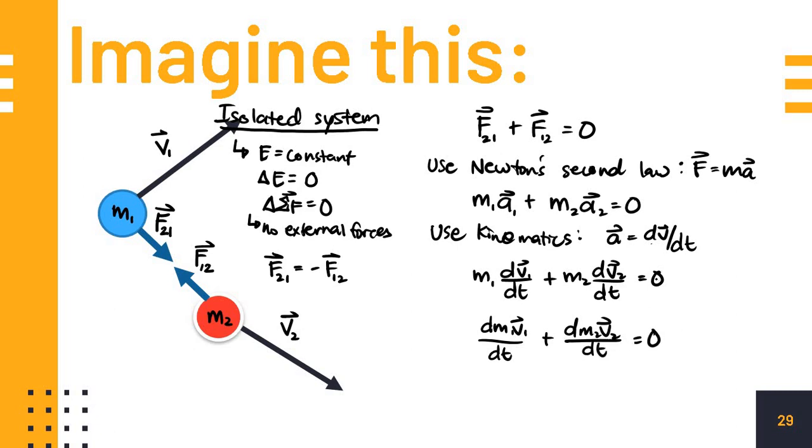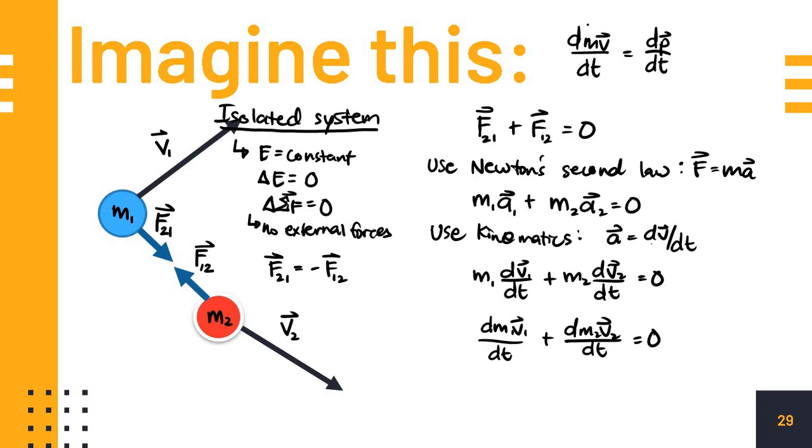Let's look at this. Since they are the same, d(mv) over dt is similar to dp over dt.